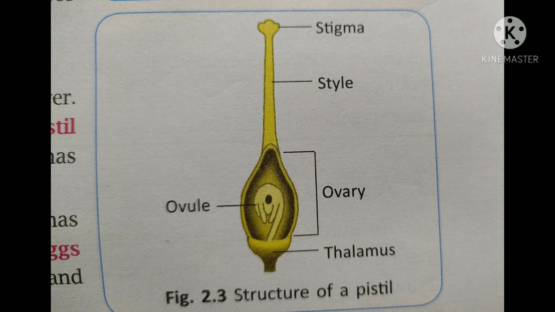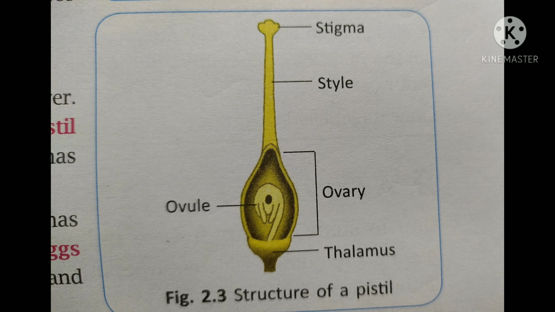The ovary is the swollen basal part of the pistil, and it contains the ovules, and these ovules contain the female gametes known as eggs or ova. After fertilization the ovary becomes fruit and the seeds are formed from ovules.